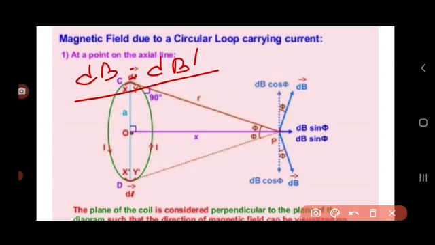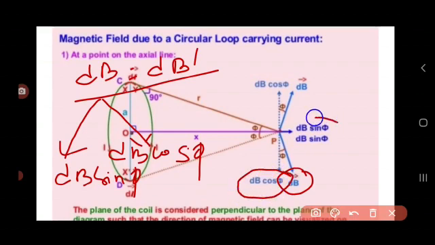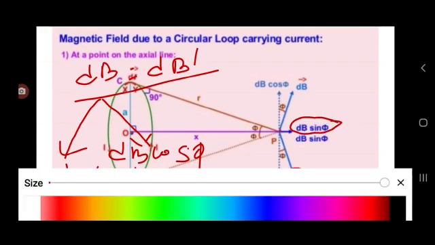In the same way, dB dash is resolved into two rectangular components once again: dB dash sin phi and dB dash cos phi. The direction of dB dash cos phi is this one and dB dash sin phi is this one. Since dB is equal to dB dash, in place of dB dash we write dB over here.